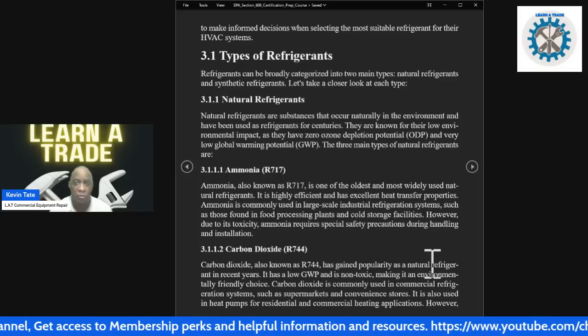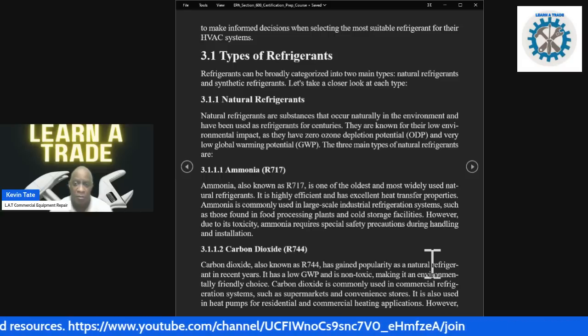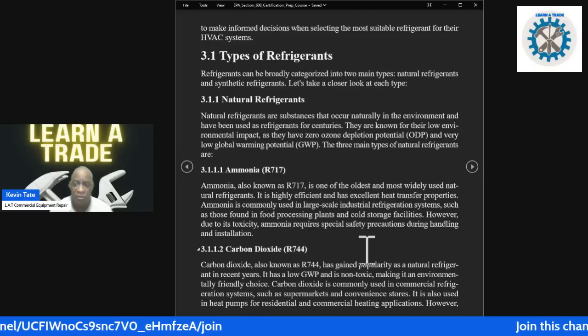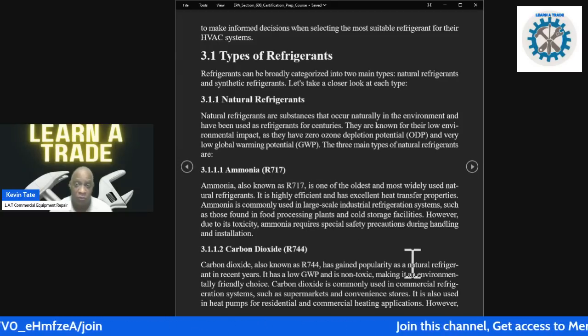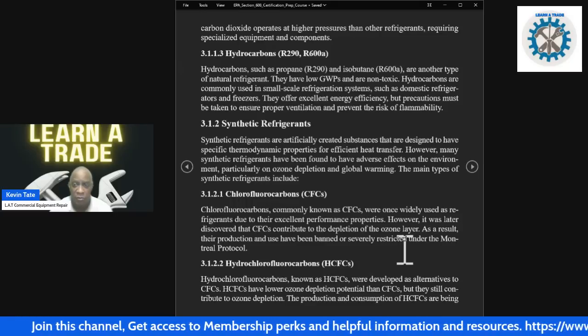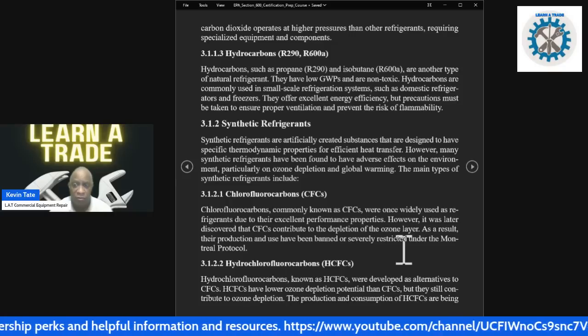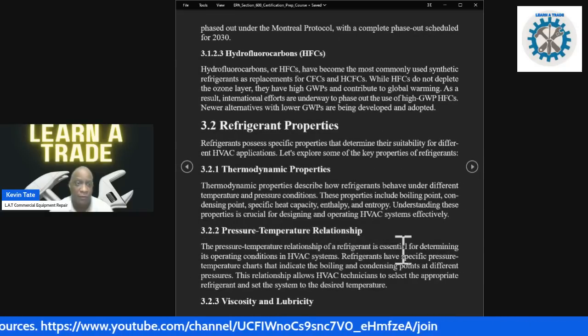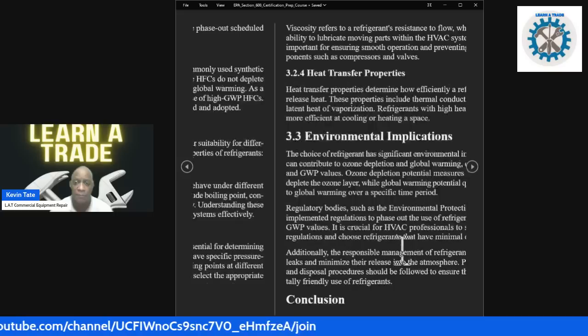So they'll get into the types of refrigerant, natural refrigerants, ammonia, carbon dioxide, and as you can see, they have it listed, your R717, R744, your R290, R600, synthetic refrigerants, chlorofluorocarbons, your CFCs, your HCFCs. They're getting into all of the different types of refrigerant there.